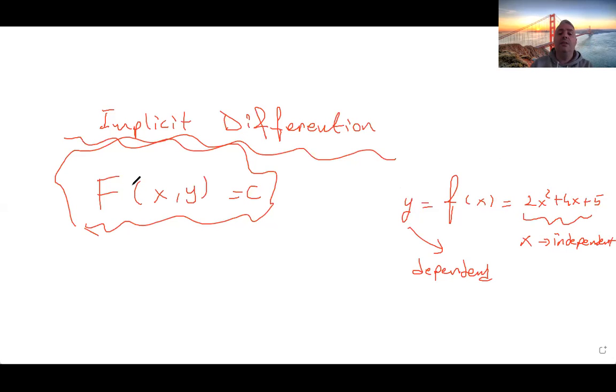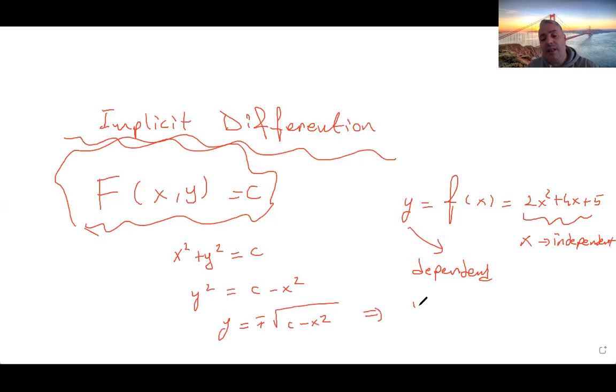Implicit differentiation is for implicit function, for example, x squared plus y squared is equal to c, which means y squared is equal to c minus x squared, which means y is equal to plus or minus the square root of c minus x squared, which means that y has a negative root and a positive root.